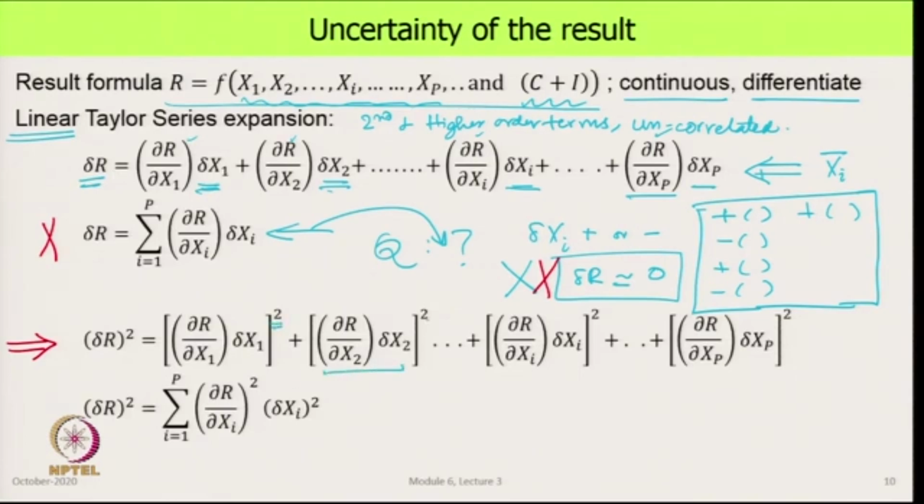We took the second term, squared it, like that every term. And that gives you delta r square. And you can put all of that as a formula, and this is the expression that is there.